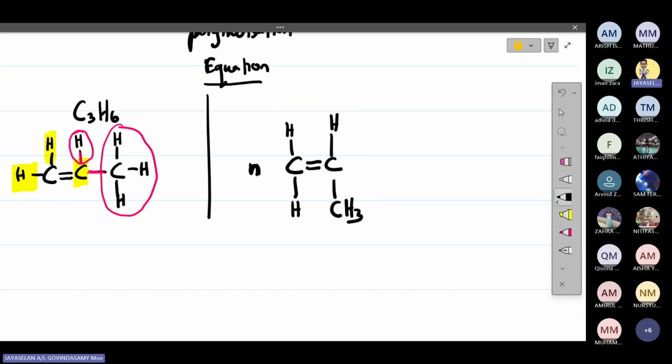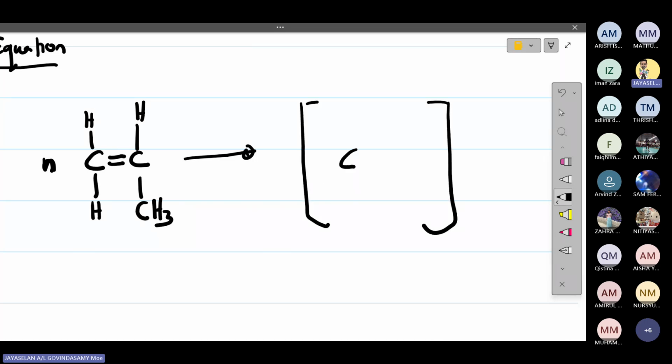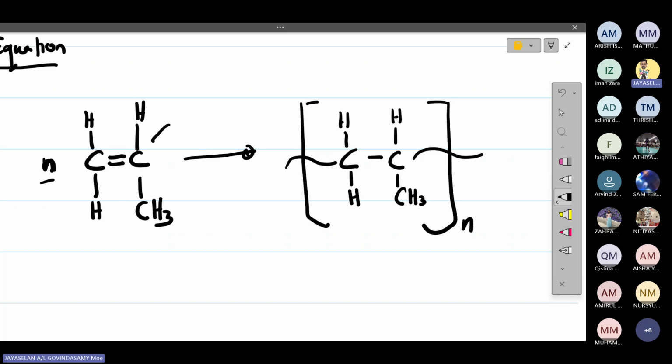Any question? No question. Now we do the equation. Once you already got this, then no problem. Open bracket, close bracket, all single bond. Everything follows: CH3, here H, draw a line, take the end, put at the bottom. The double bond breaks into a single bond. You take your 2 marks.